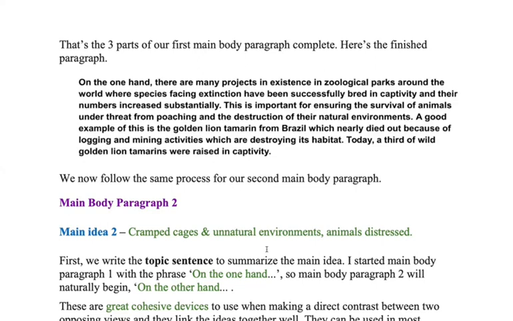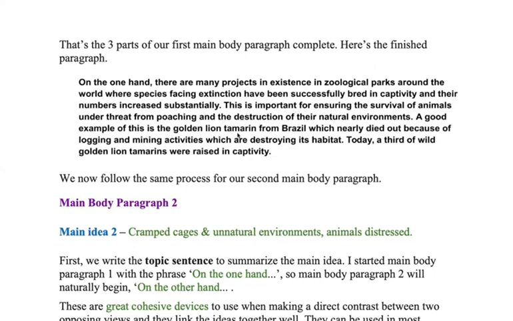Okay. So here we have topic sentence, explain. We have the topic sentence: there are many projects in existence in zoological parks around the world where species facing extinction have been bred until their numbers increase substantially. This is the topic sentence. This is important for ensuring the survival of animals. This one is an explanation. We explain the idea. And then we say a good example.